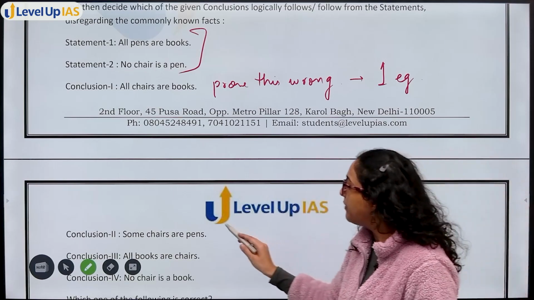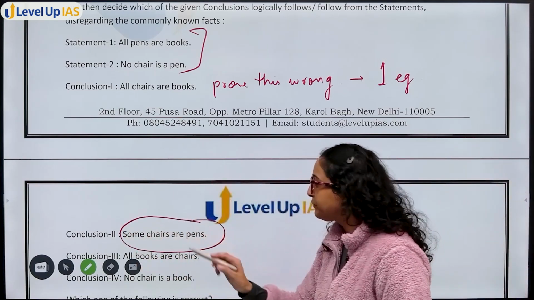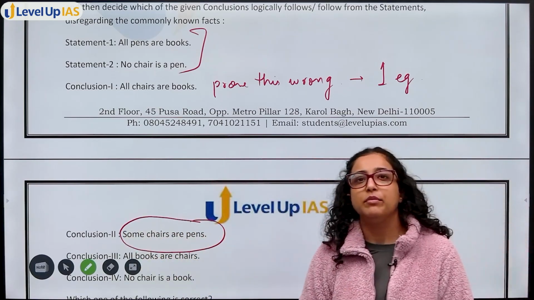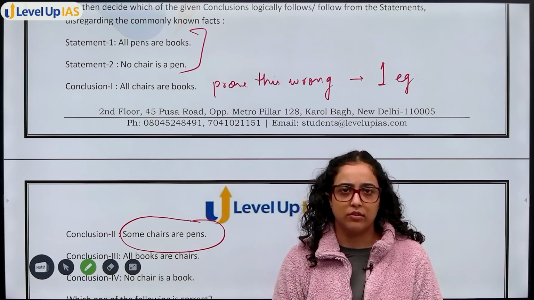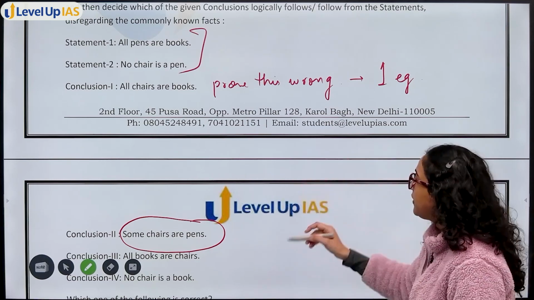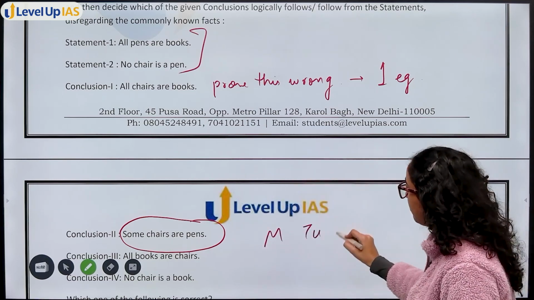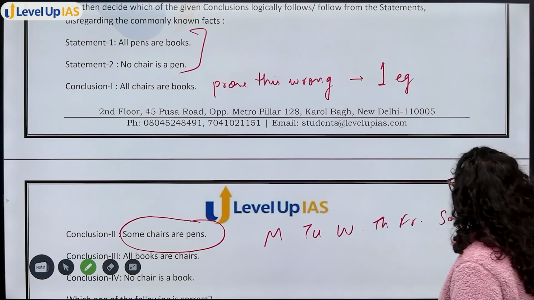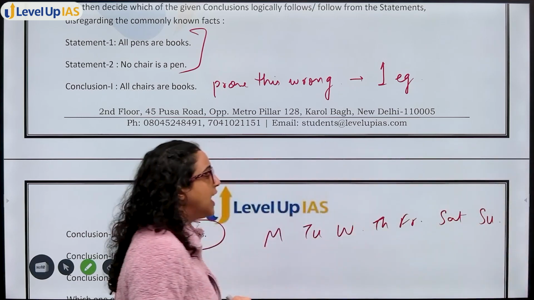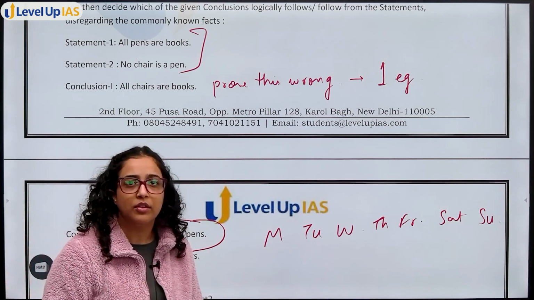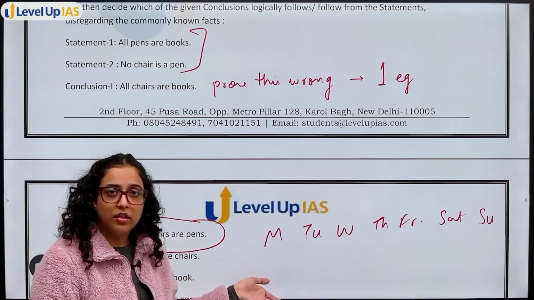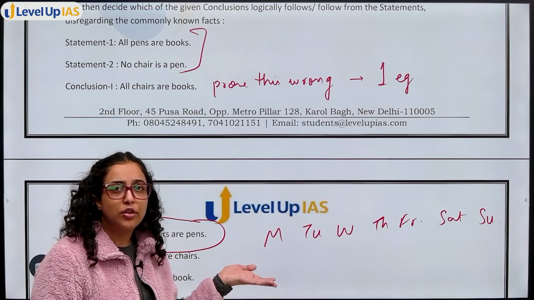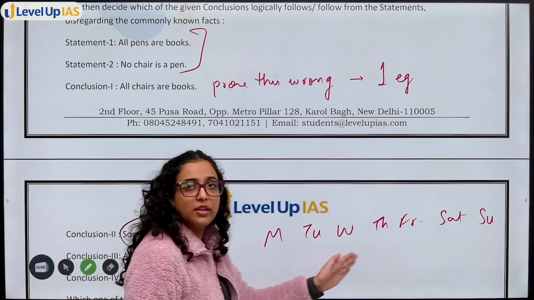Now, when you have some chairs are pens. Now, if I say I am taking class on some days of the week, right? So some का मतलब तो कुछ भी हो सकता है. Monday, Tuesday, Wednesday, Thursday, Friday, Saturday, Sunday, right? If I say I am taking class on some days of the week, now you have to check whether I am saying the right thing or not. So you don't have to check completely.